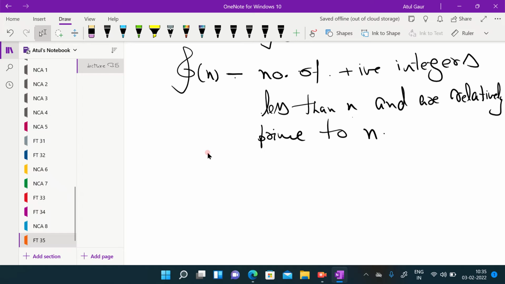Okay, so I'm interested in computing this nth cyclotomic polynomial, right?